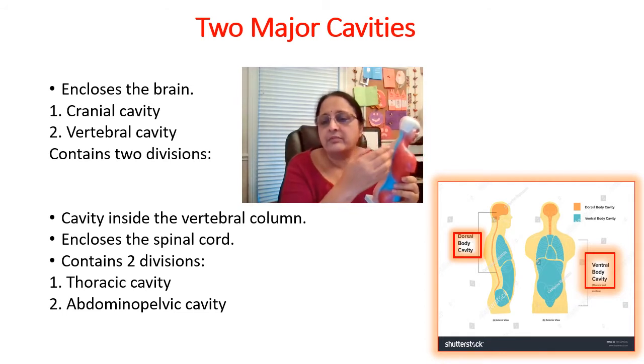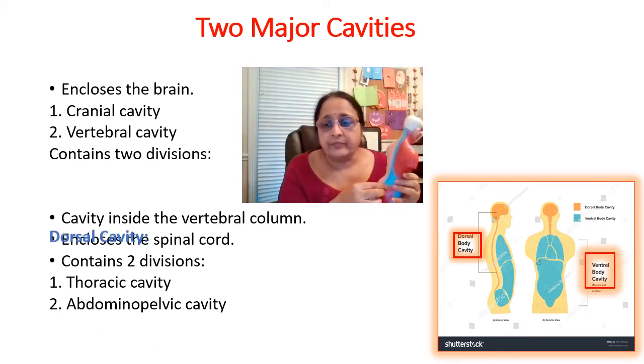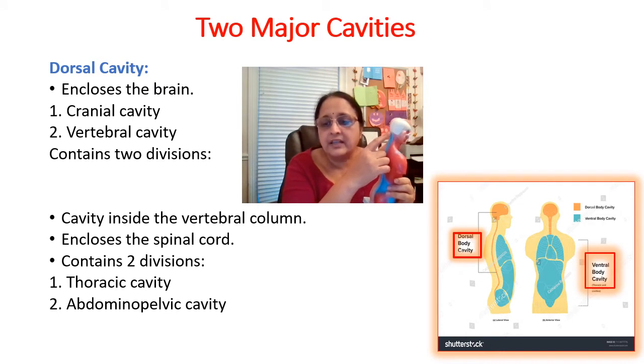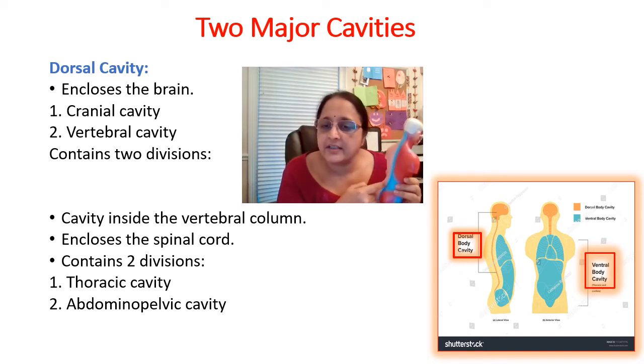So the vertebral canal is supported by the vertebral column. Inside this cavity, a thin thread-like structure extends from the last part of the brain up to the pelvic region. You call that thread-like structure the spinal cord.